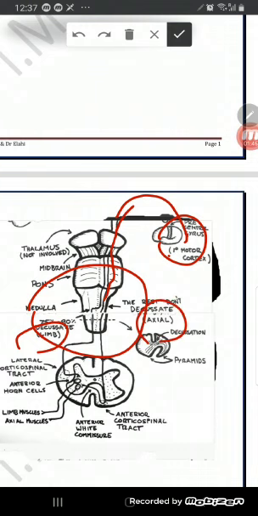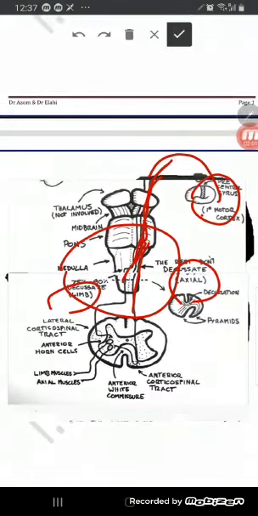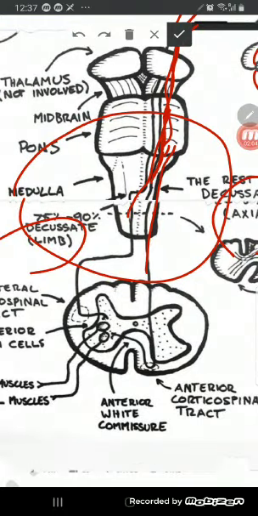So as you can see here, let's zoom in here in the medulla. They are coming from, this is the motor neuron. Some of them go across to the same side, and others decussate. Now, when they enter the spinal cord here, this is the cross section of the spinal cord.